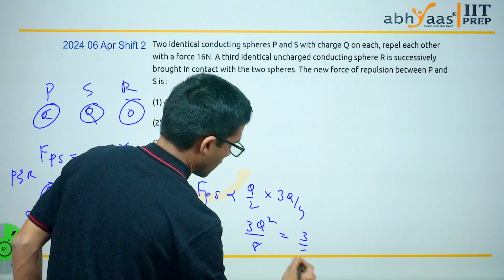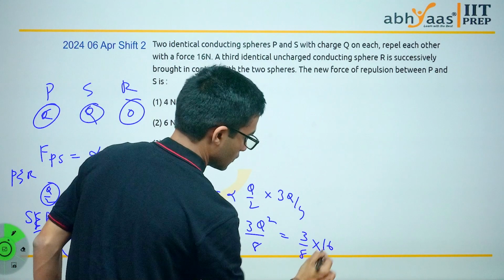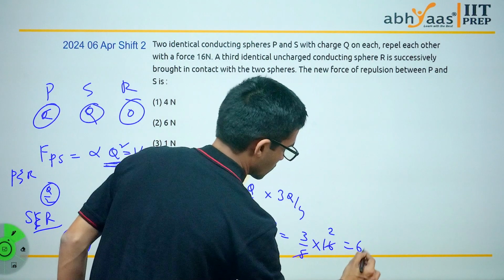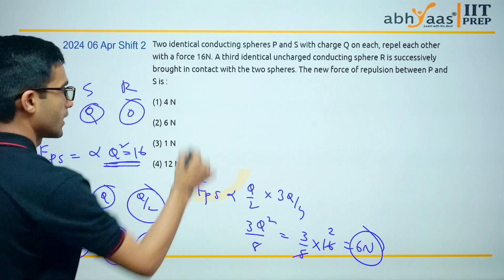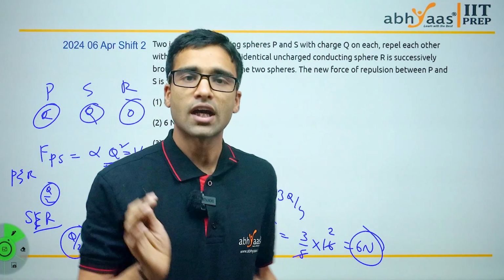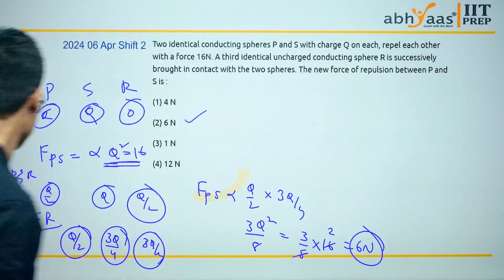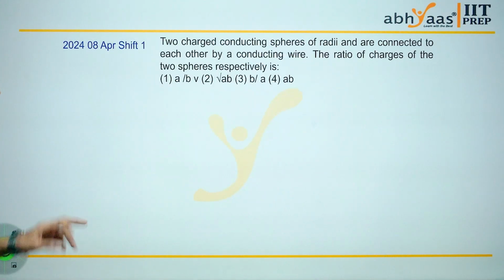That is 3 by 8 into Q square, which is 16, so the 2 cancels, giving 6 newtons. So the force reduced to 6 newtons instead of 16 newtons because of the other charge near to these spheres.